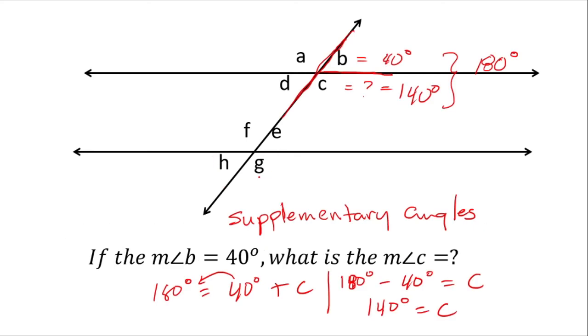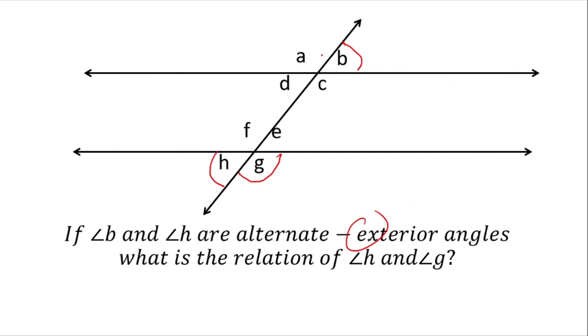So, sabi natin kanina, ayan, parang angle B and C. Okay? So, yan ang tinatawag na supplementary angles. Okay, so angle H and angle G are supplementary angles. Next.